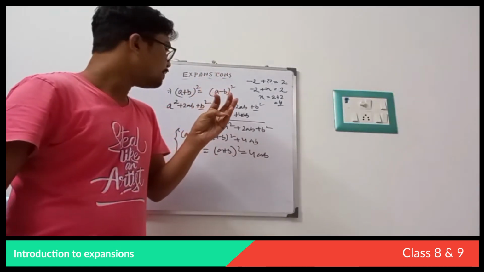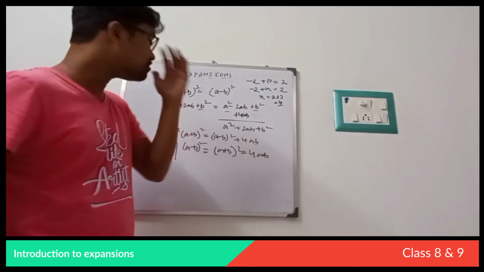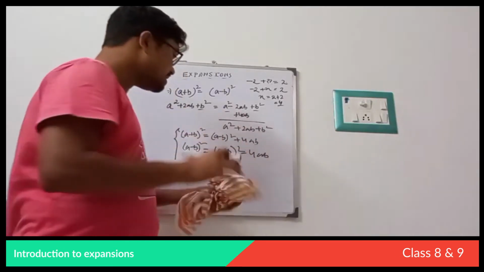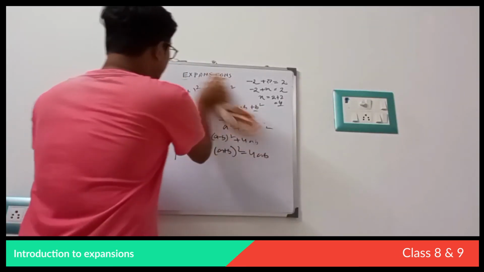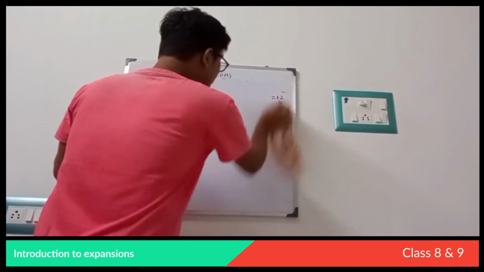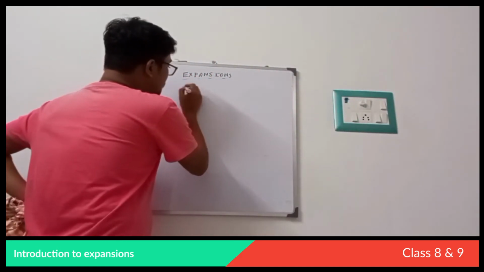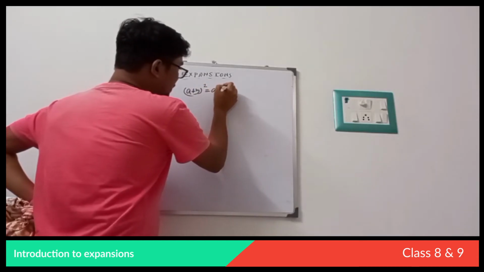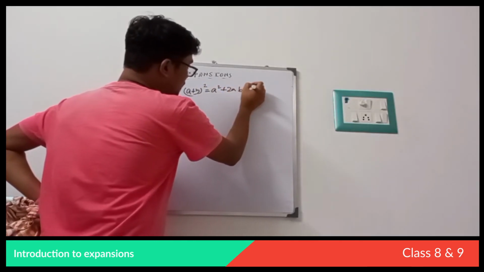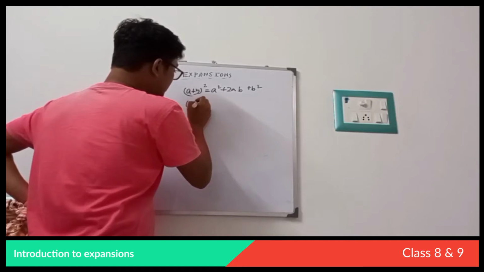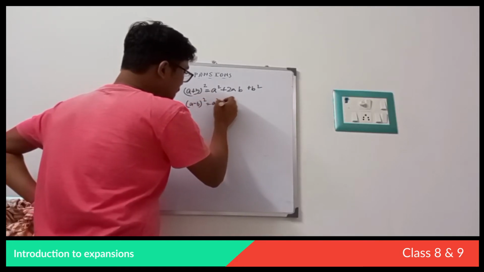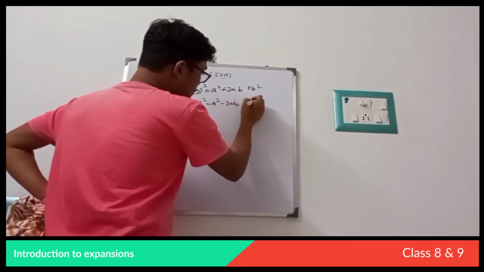Now we have discussed 1, 2, 3, 4, 5, 6, 7 formulas, and I write down every formula again. A plus b whole square equal to a square plus 2ab plus b square. A minus b whole square equal to a square minus 2ab plus b square.